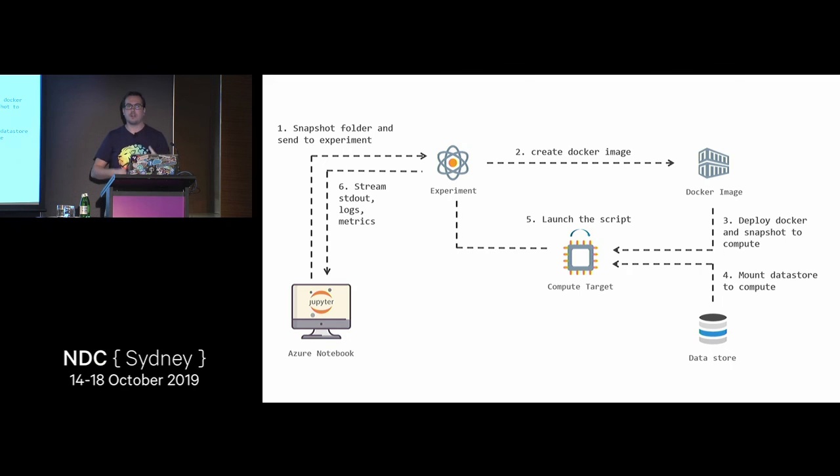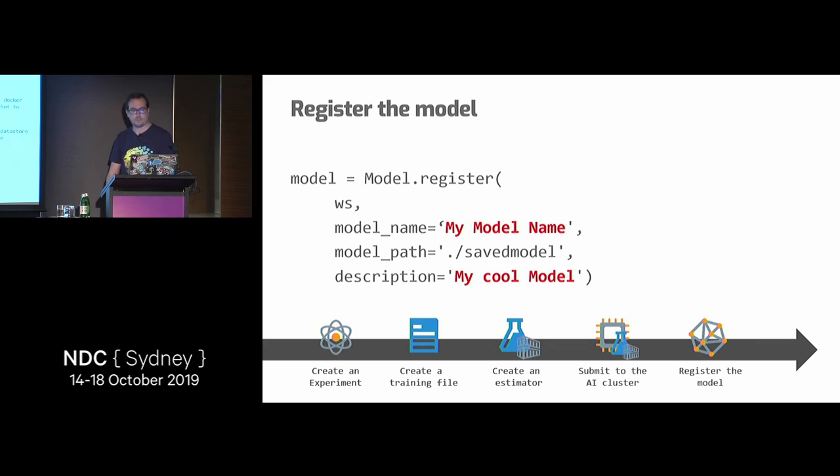And then if you want, you can run the widget in your Jupyter notebook and see the output in real time there. And when it is done with the training, so that train.py has ended, it copies the outputs, the models, back to the experiment. And then you can register the model.